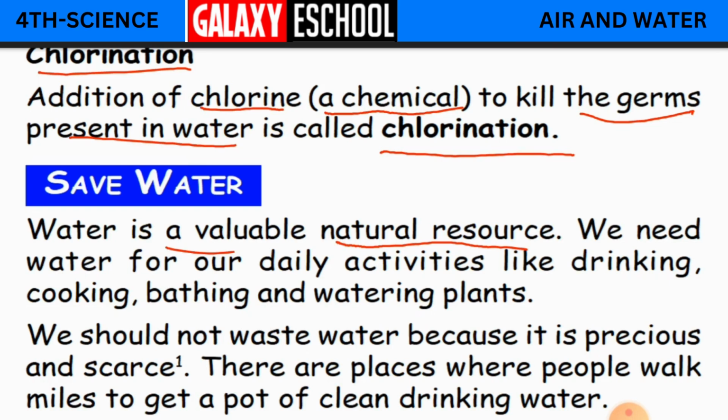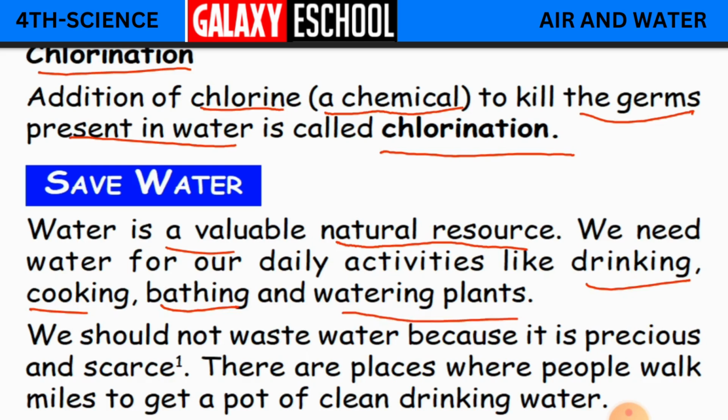And it is a natural resource, so nobody is making water. It is available through nature. That is why it is called a natural resource. And why do we need water, children? We need water for our daily activities, like drinking, cooking, bathing and also watering plants.